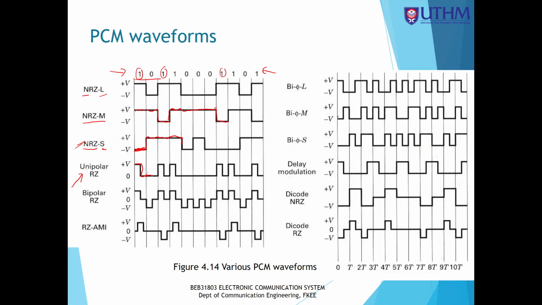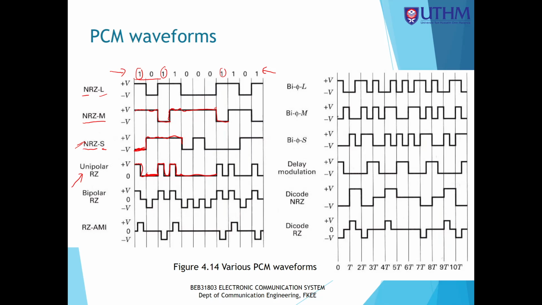So 0 volt no change, dia akan berada pada 0 volt output. Input bit 1 akan menghasilkan positive output and then return to 0. Input bit kosong dia akan kekal pada 0 volt pada output dan seterusnya. So untuk unipolar RZ, perubahan adalah pada input bit 1 and then return to 0.